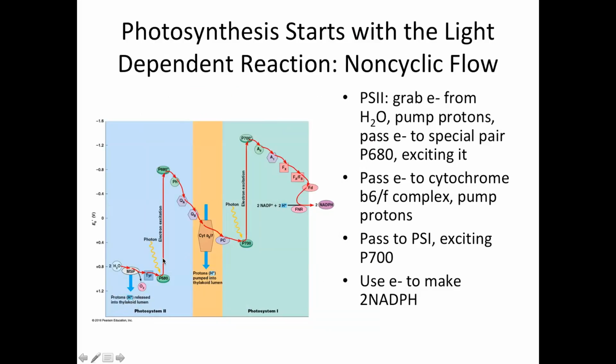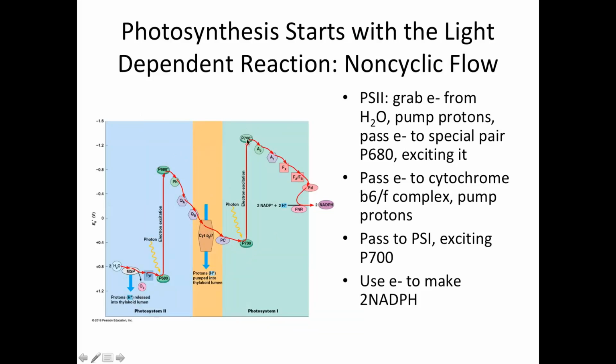Now, those electrons are going to be excited in that P680 chlorophyll pair, and they're going to bump up to a higher energy level. Those excited electrons are then passed along, eventually reaching our cytochrome complex, which is going to pump even more protons into the thylakoid lumen, and then we'll pass those electrons to our second photosystem, photosystem 1, PS1, to our second chlorophyll reaction pair, P700, which will again absorb photons of light and bump them to a higher energy state.